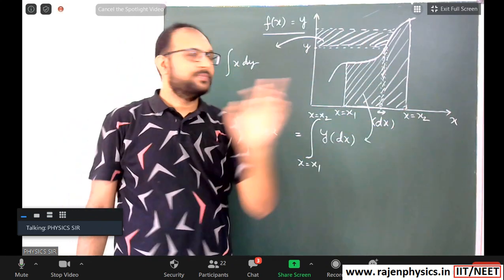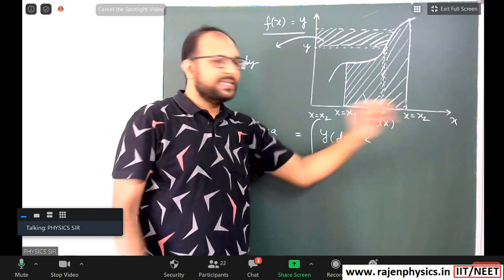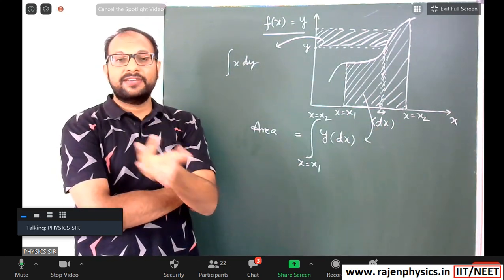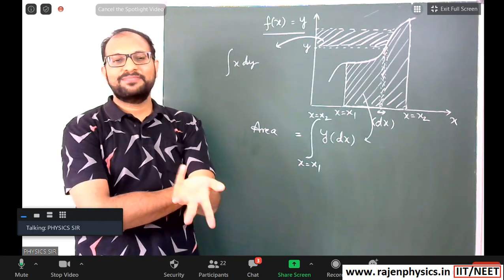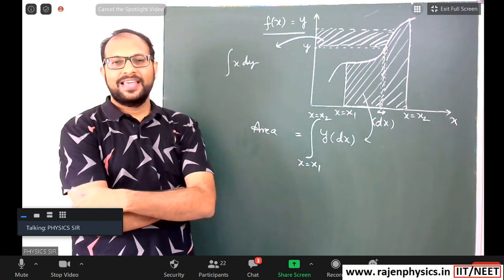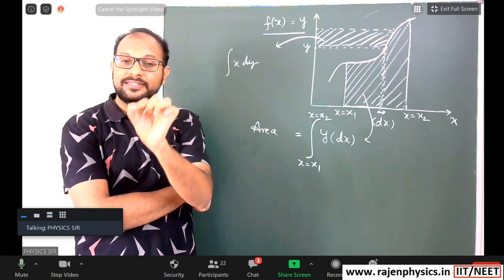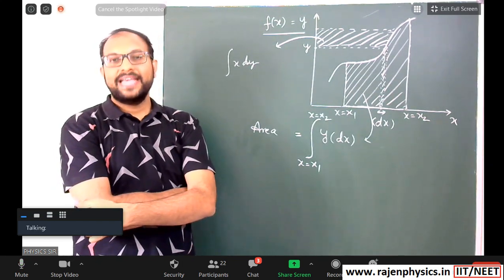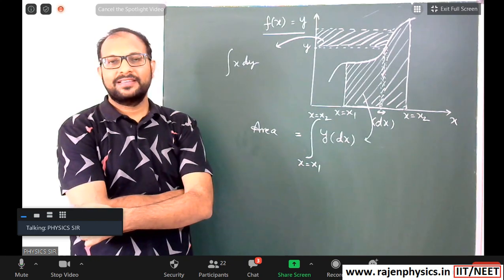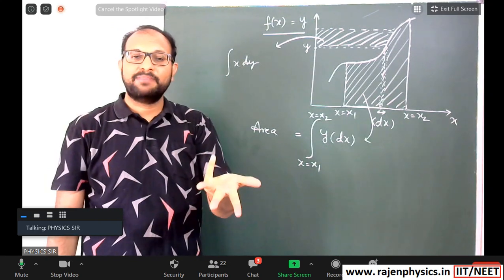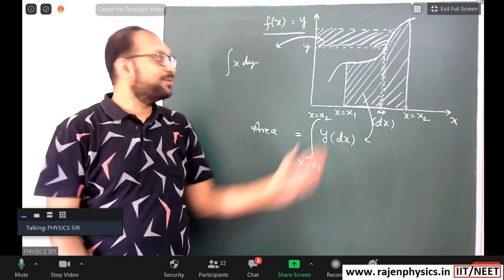The area under the velocity versus time graph is the displacement. So if velocity is given as a function of time and you need the displacement, you can find it very easily by using this integration.